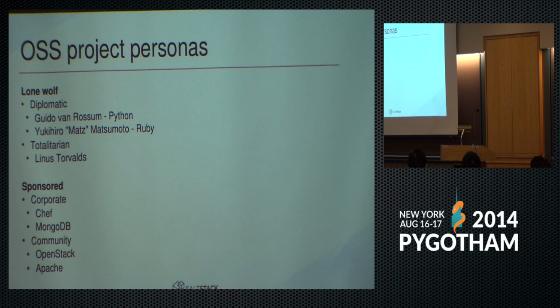Because, I mean, Guido gives a lot of other people sufficient power to do a lot of things. Whereas Linus Torvalds says, I am the final say, but I trust my network.